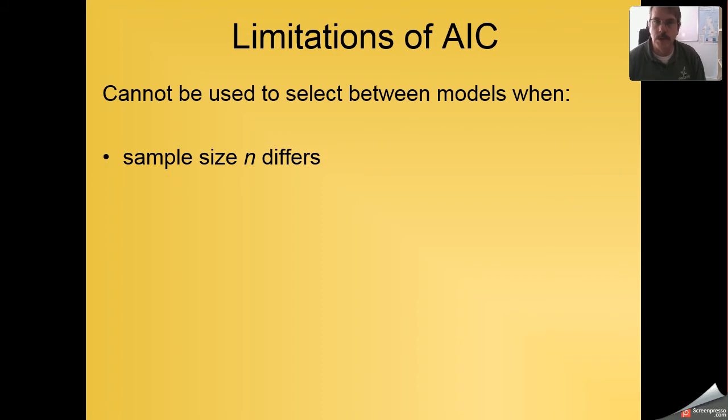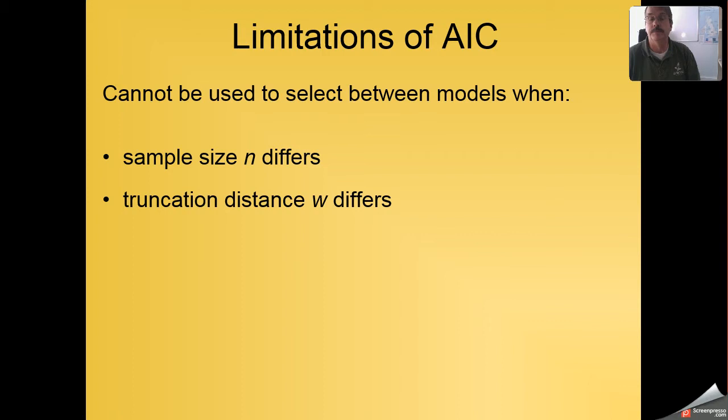So we'd like to be able to use AIC to give us an opportunity to select or choose among competing models that we have fitted to our data. And that works very well under many circumstances. However, there are some circumstances in which AIC cannot be used to arbitrate between competing models. We can't use it, for example, when we employ truncation.